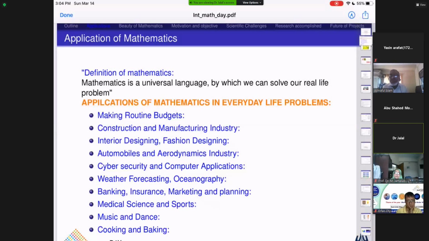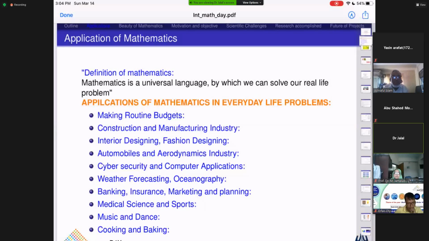Anyway, the application of mathematics in everyday life problems. Here are some examples. These are not limited, but there are some I mentioned. Making a routine budget, we have to use mathematical knowledge.